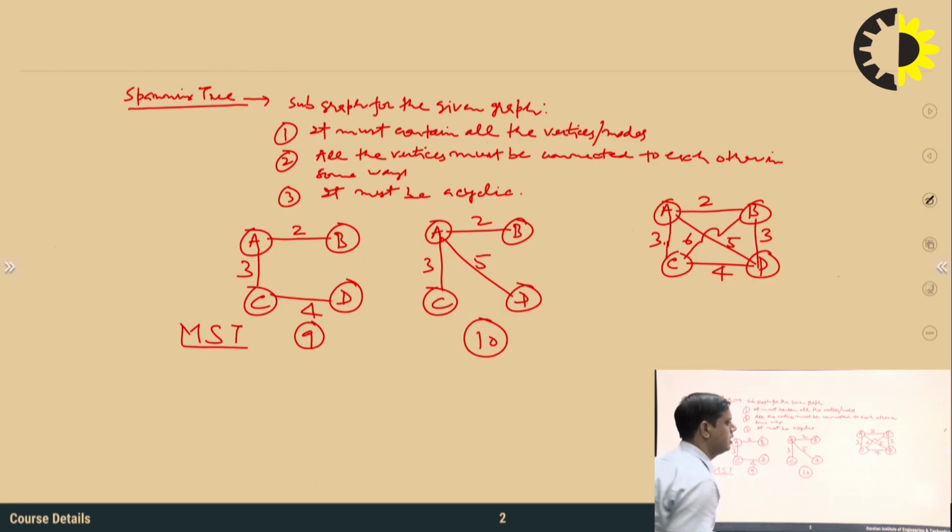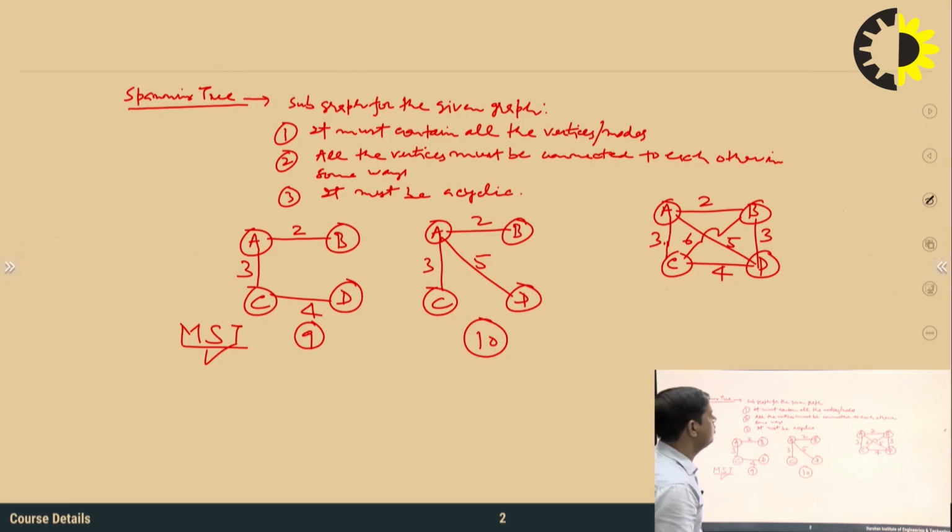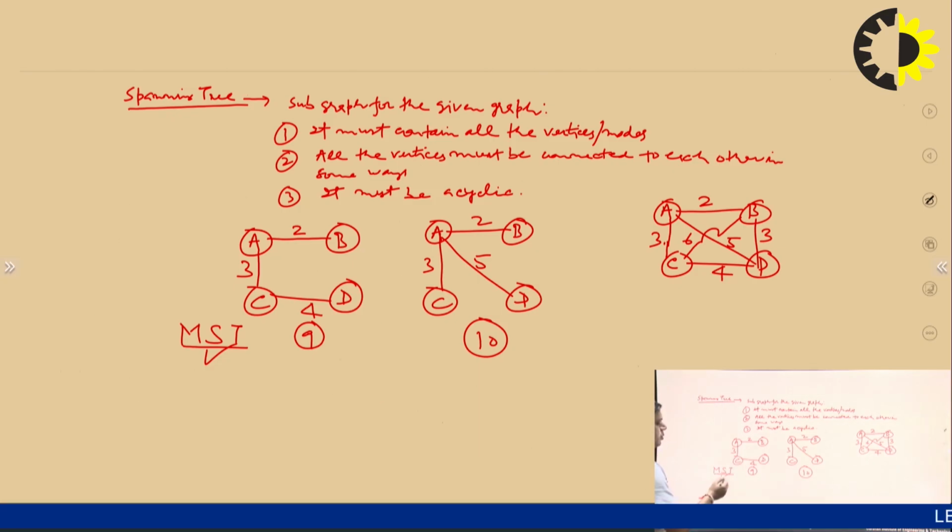In that way, we can construct different spanning trees. But according to this topic, we have to make the minimum cost, or you can say minimum spanning tree, containing the minimum weight. If we do this manually, it will take a lot of time. We can make a minimum spanning tree by using two popular algorithms.